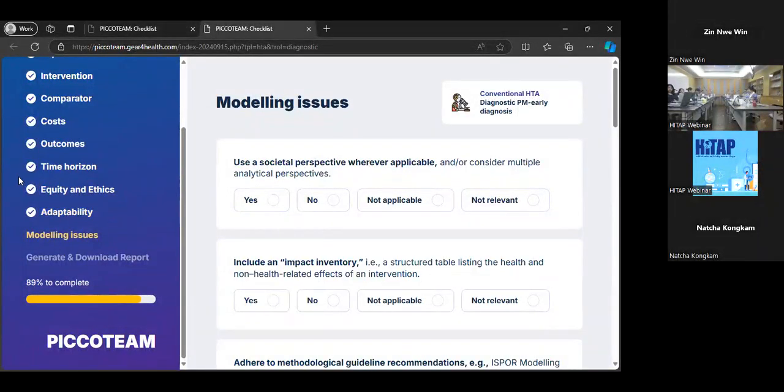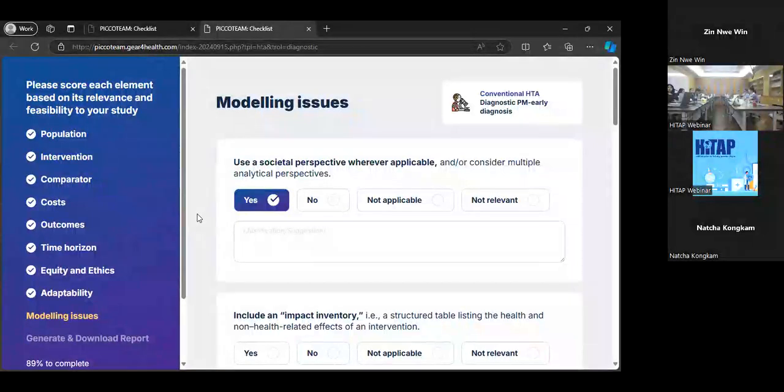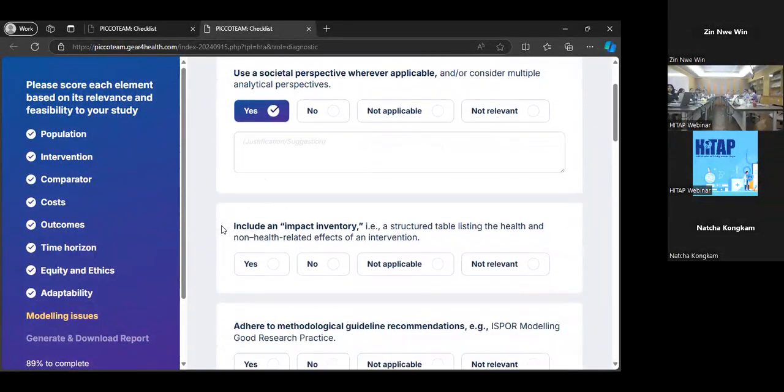Okay, the final domain is the modeling. After you have identified the target population, designed interventional and comparator pathways, and decided how to collect the relevant costs, when it comes to modeling issues, in alignment with the previous recommendation, we recommend using a societal perspective whenever applicable.